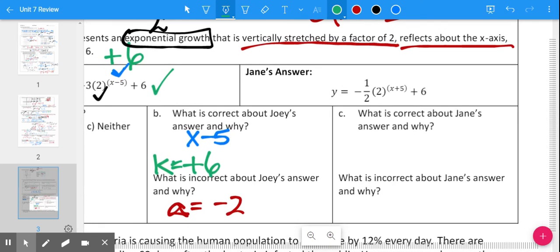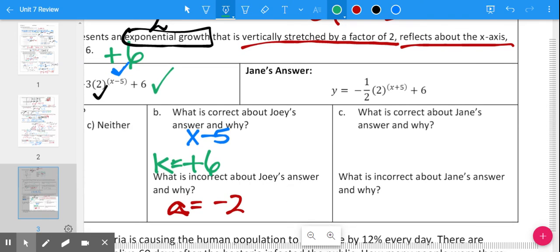So then we have Jane. Jane did a 1/2 as her a value. That's not correct. a equals -2. She got the negative correct, but the half should have been a 2. In her exponent, she has x plus 5. That is not correct.